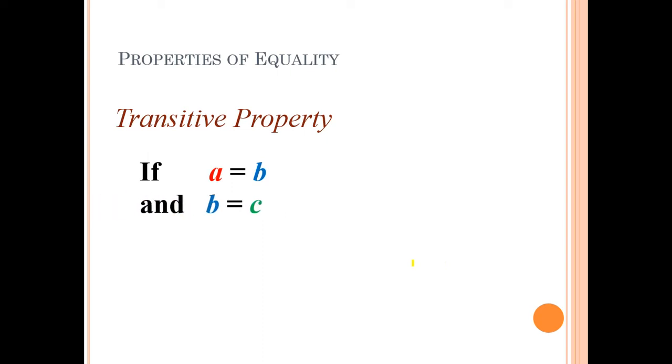Next, we have transitive property, which means if A equals B and B is equal to C, then A is also equal to C. So how can we use that?